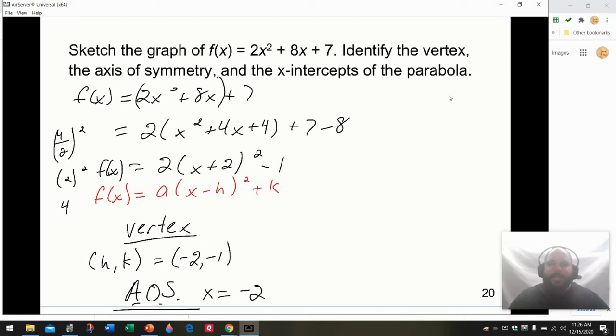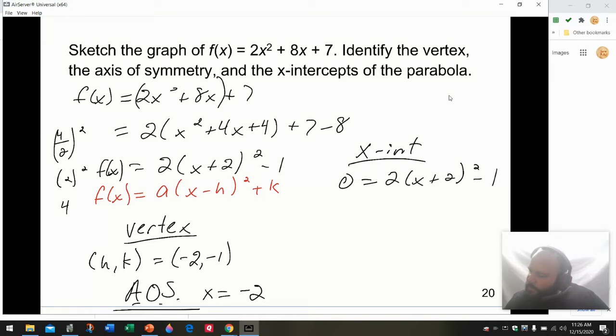Now, the last thing that it wants us to find is the x-intercepts. And the way that you find the x-intercepts is you take this equation that you completed the square on, and you set f of x equal to 0 to find the x-intercepts. So I'm going to write x-intercepts, and we're going to have 0 equals 2 times (x plus 2) squared minus 1.